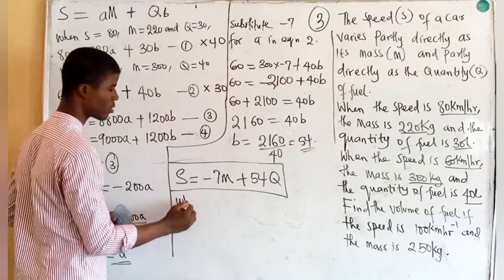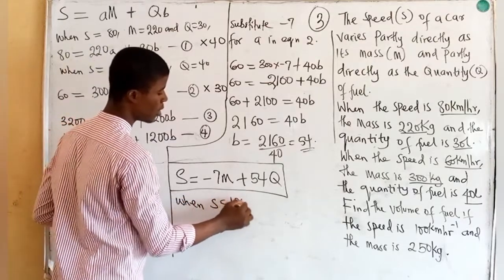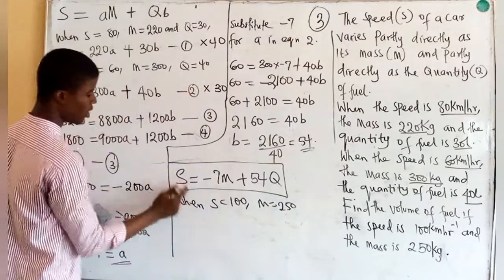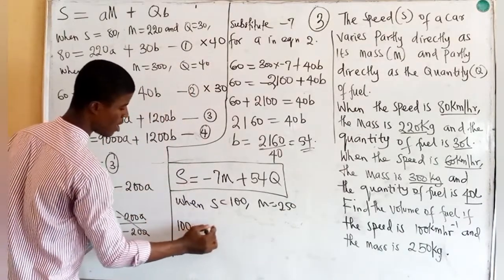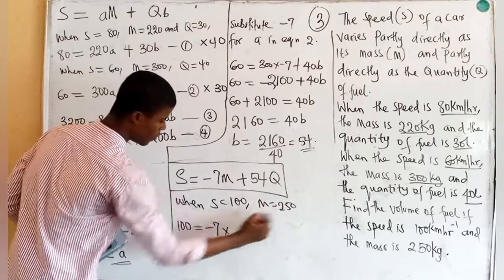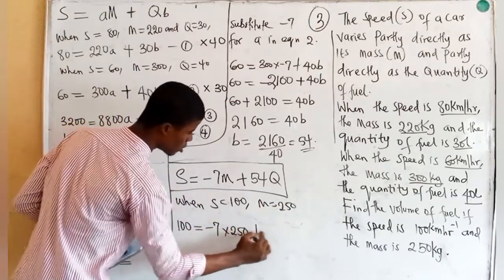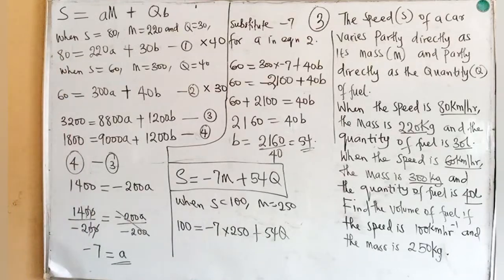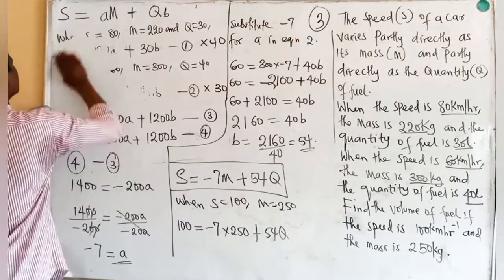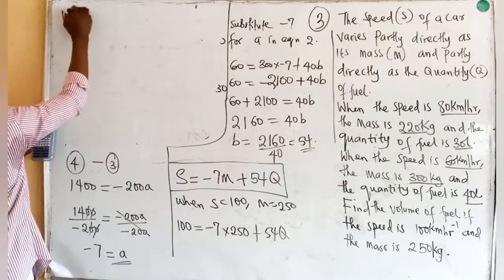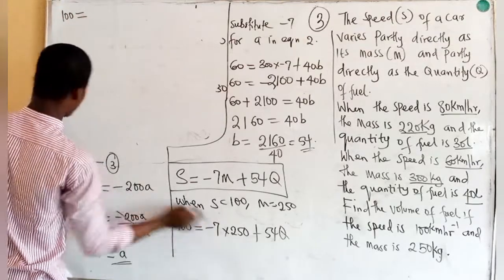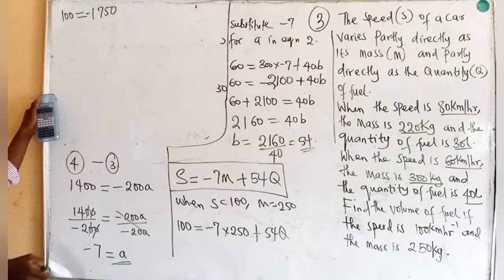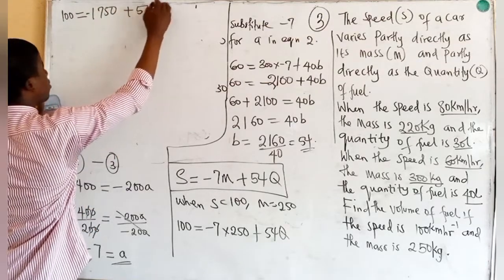So, when the speed is 100 and the mass is 250, 100 is equal to minus 7 times 250 plus 54Q. We are looking for the quantity of fuel right now. So I have 100 is equal to minus 1750 plus 54Q.